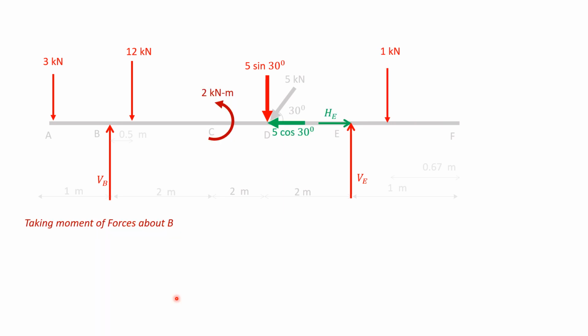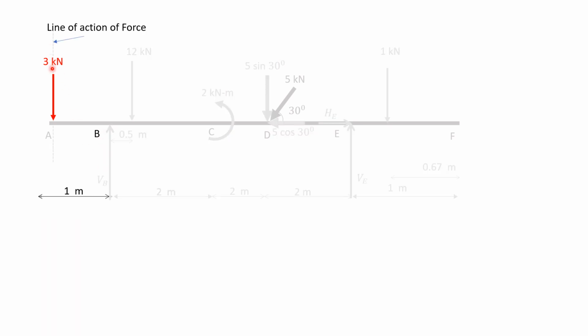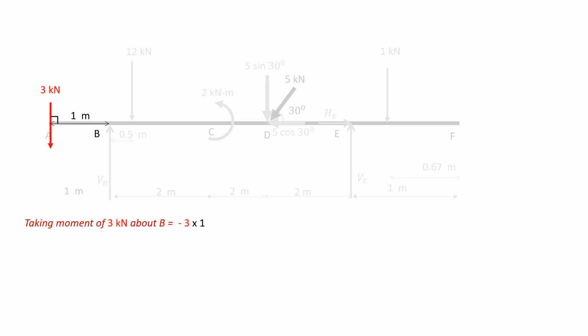Now, taking moment of all forces about point B. Moment of 3 kilonewton force about point B: it will have perpendicular distance of 1 meter, and it rotates about point B anti-clockwise. So 3 into 1 anti-clockwise.